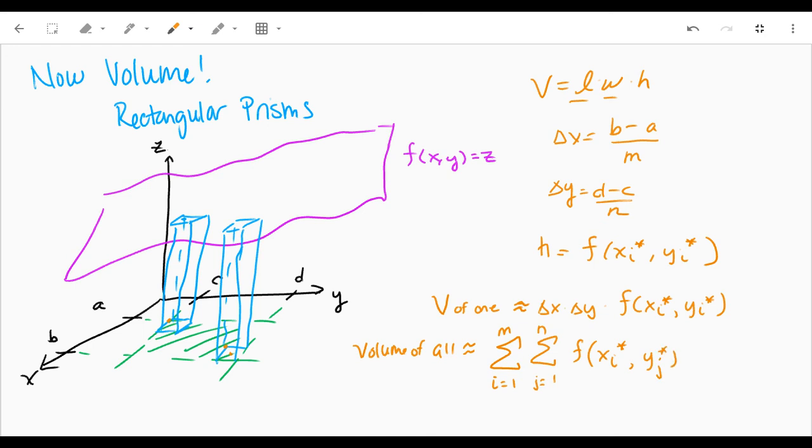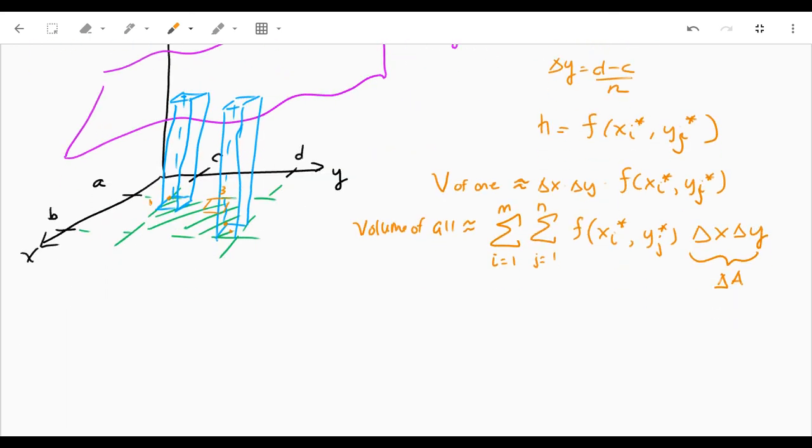In fact, those should all be j's, because it's not necessarily the same value there. You could be looking at the first x and then the third y. That index doesn't have to be the same, but you get the height, and then delta x delta y, which sometimes we just write as delta A.